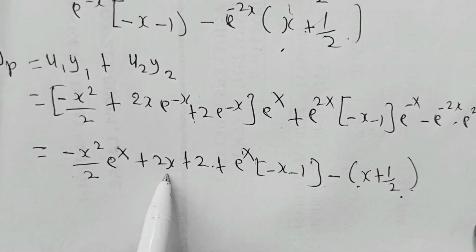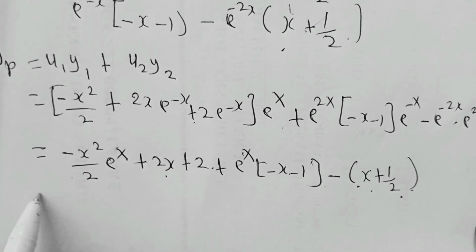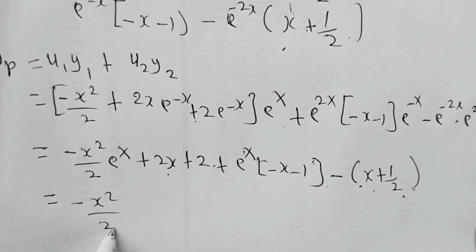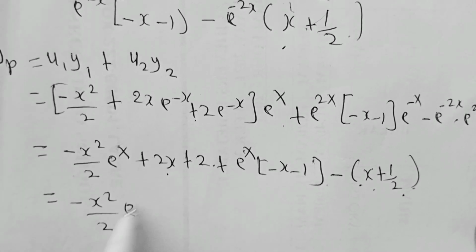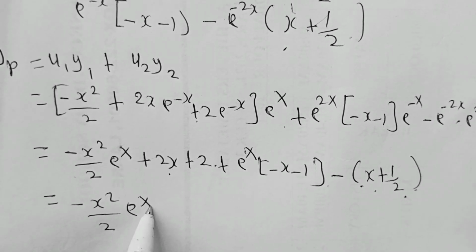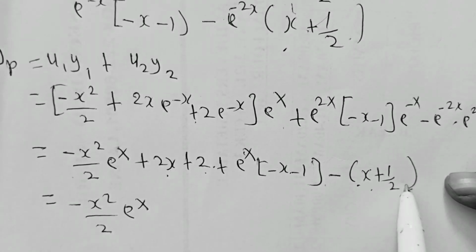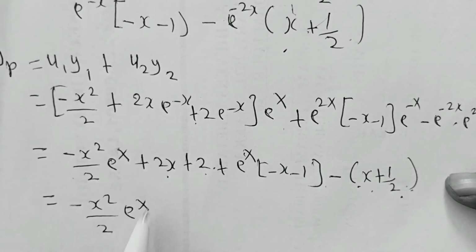Here you have 2x minus x. So this is equal to minus x squared over 2 exponential x. You have 2 minus half, let me collect the terms with the x.